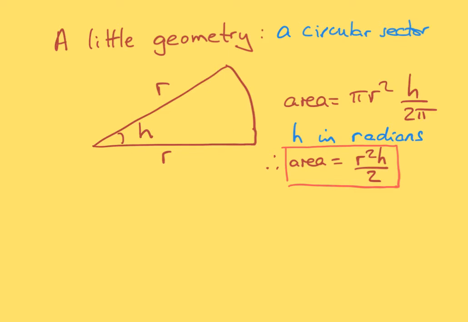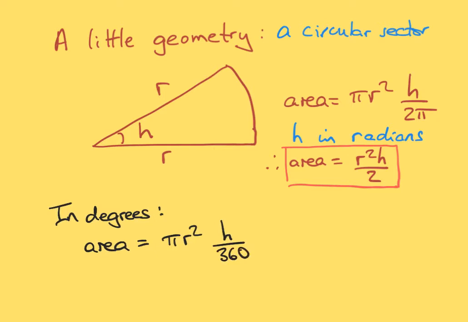Supposing, however, we were to measure our angle in degrees. So I'm not going to use degrees in what follows, but let me just show you that it would make a difference. The area of the circle would still be pi r squared for the whole circle, but if our angle is measured in degrees, it's going to be h, whatever the angle is, divided by 360.